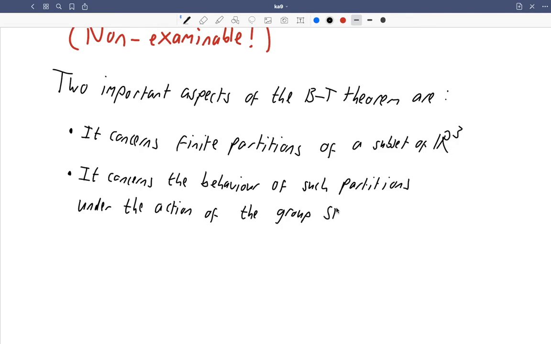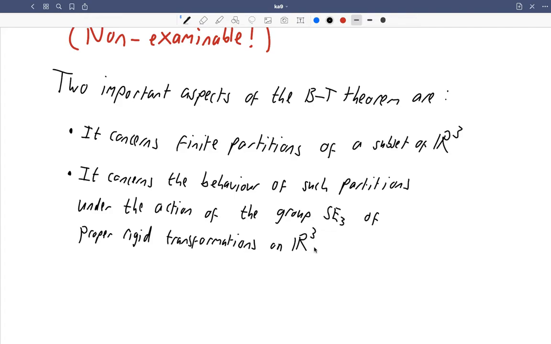As I said, it's called SE3 normally, and this is the group of proper rigid transformations, let's say, on three-dimensional space.